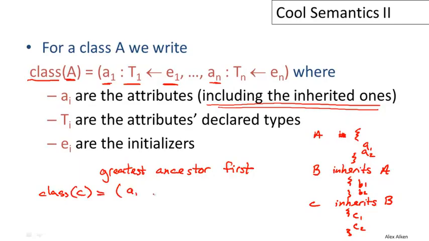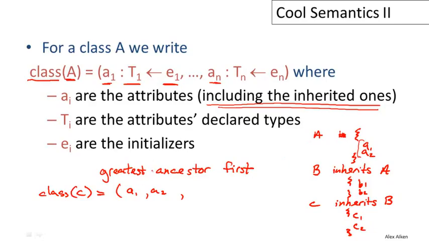First will come A1 and then A2, because A is the greatest ancestor. Okay, it's the closest to the root of the object hierarchy. And the attributes within class A, or within any class, are always listed in the order in which they textually appear. So first comes A1 and A2.